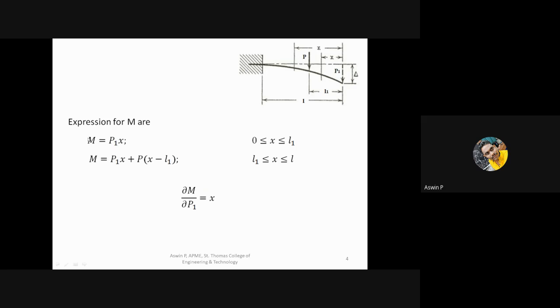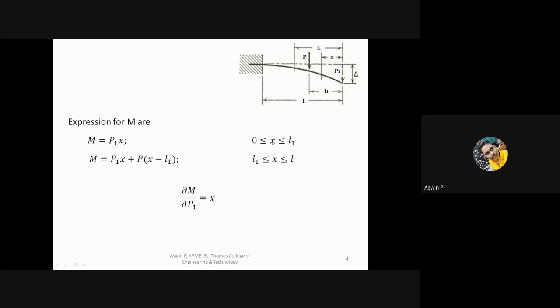When we are differentiating this moment with respect to P1, definitely that will become x. In the same way, when we differentiate the second term, that is the L1 to L range, with respect to P1, this term will become x, and this term is a constant because there is no P1 in the second term. So the final answer will be x.